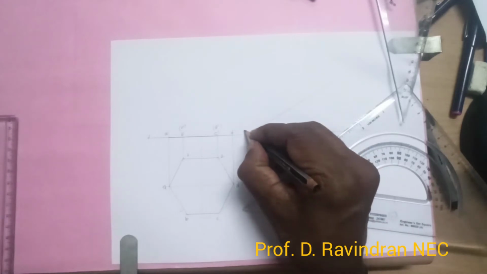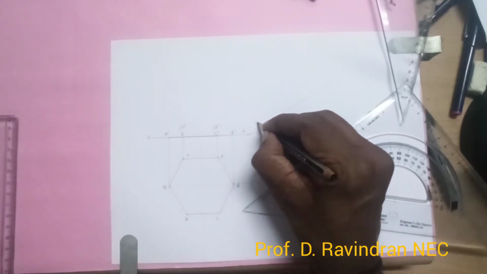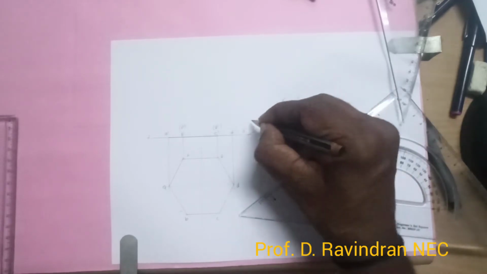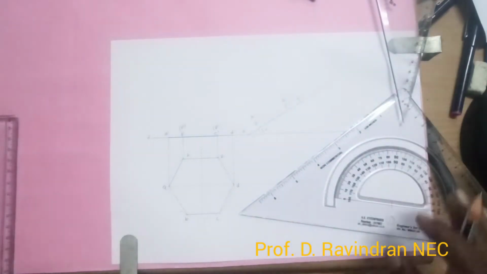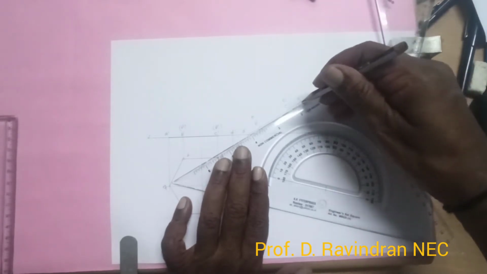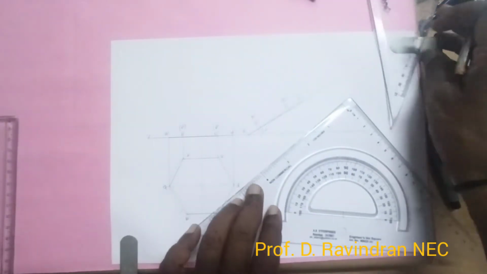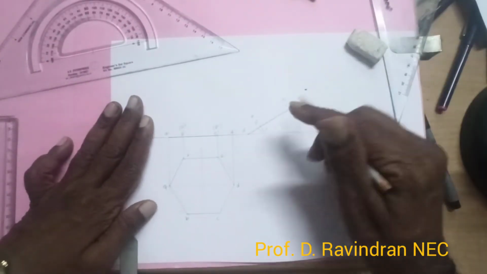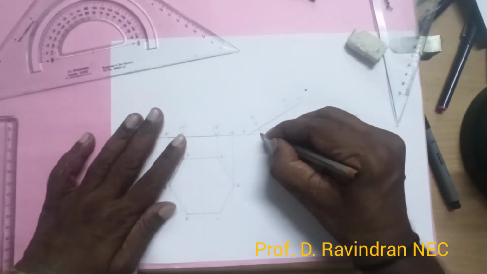So this is A dash, B dash, C dash, D dash, E dash as well as F dash. We can darken the necessary portion and erase the other portions. This inclination is 30 degrees.